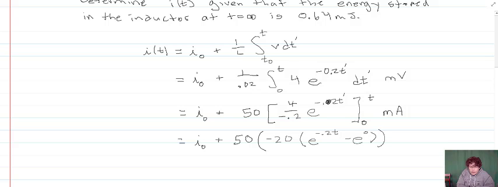And it's important to remember that, because we kind of think, oh, plugging in 0 is going to be 0, but that's not the case when you have e, because e to the 0 is 1. And that's still milliamps. So now this is I naught, and 50 times negative 20 is negative 1,000 times e to the negative 0.2t minus 1 milliamps.